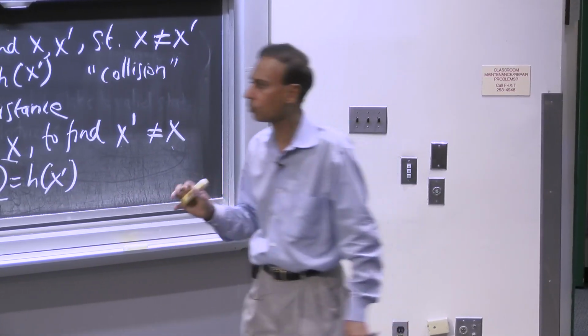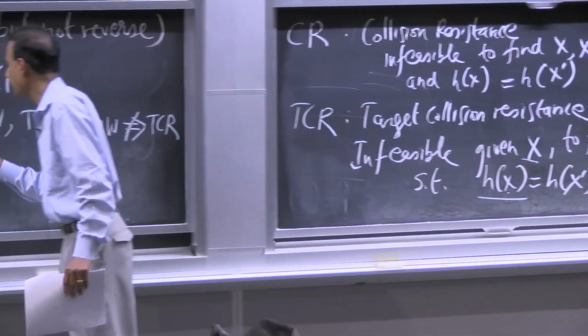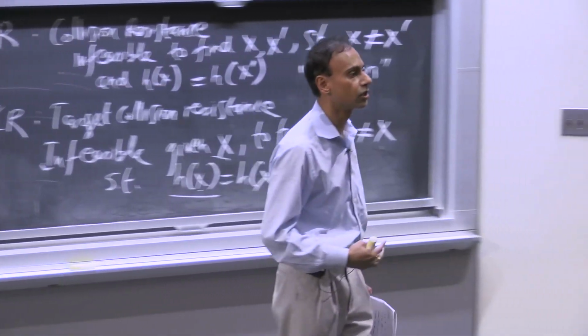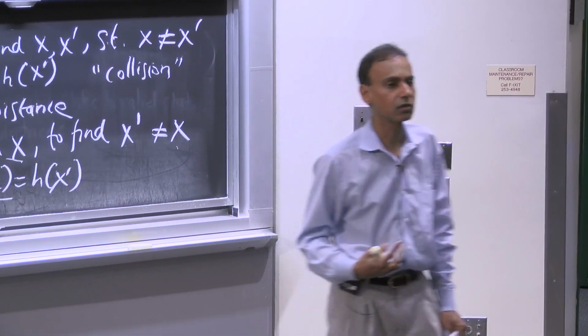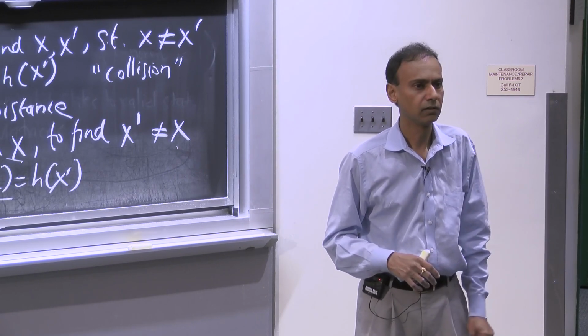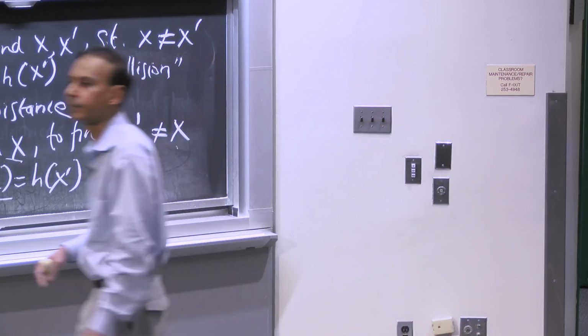So what's a simple way of creating an h prime such that it's pretty easy to find targeted collisions, not necessarily collisions, without breaking the one-way property of h? Yeah?